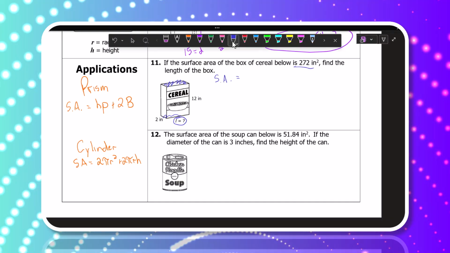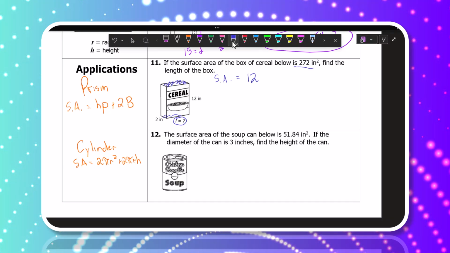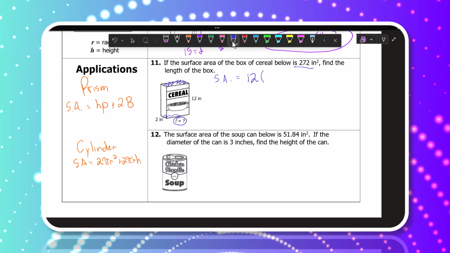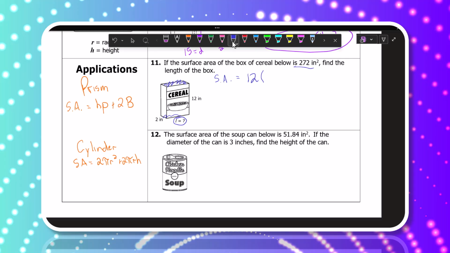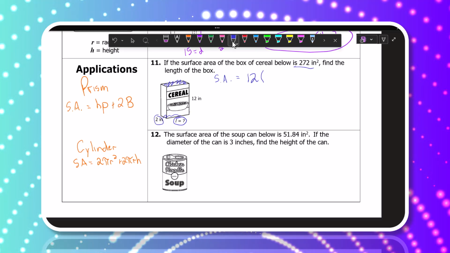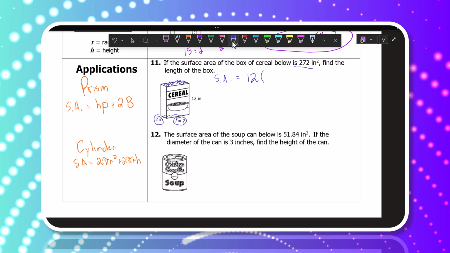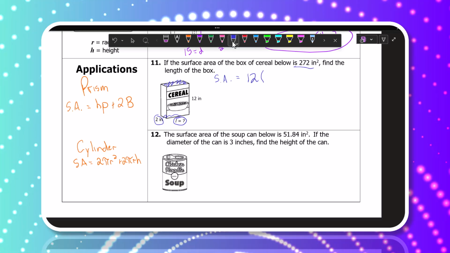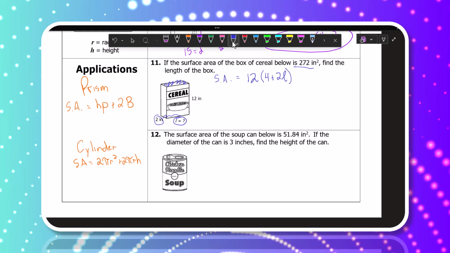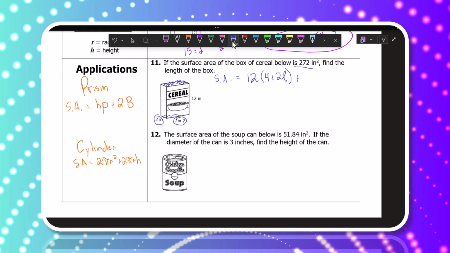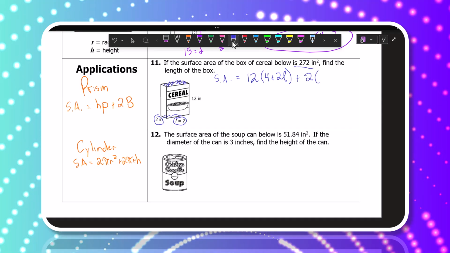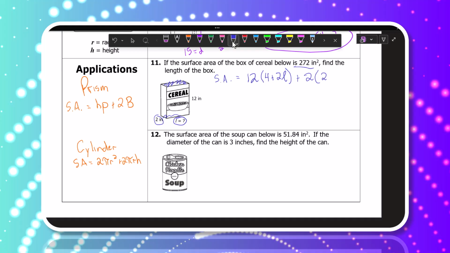So surface area is our height, which is 12, that's connecting the top and the bottom of the box, our bases, times the perimeter of our base, which we don't know. We got a 2, there's a 2 on the other side, but then we have L and L. So 2 plus 2 is 4 plus 2L. Then plus 2 times our base area, which again we don't know because we don't have our length, so it'd be 2L.